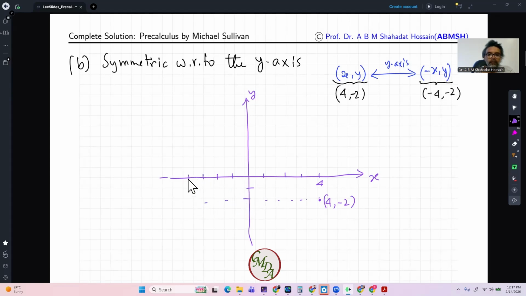These two points are at the same distance from the y-axis. This is the desired point, and we can label it like this.